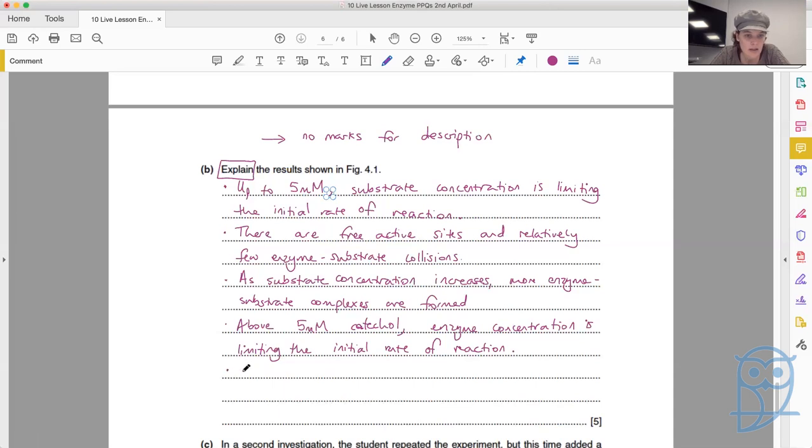Okay, we can say that all active sites are occupied, so increasing substrate concentration further has no effect. Okay, so there you see some slightly more expanded bullet points.